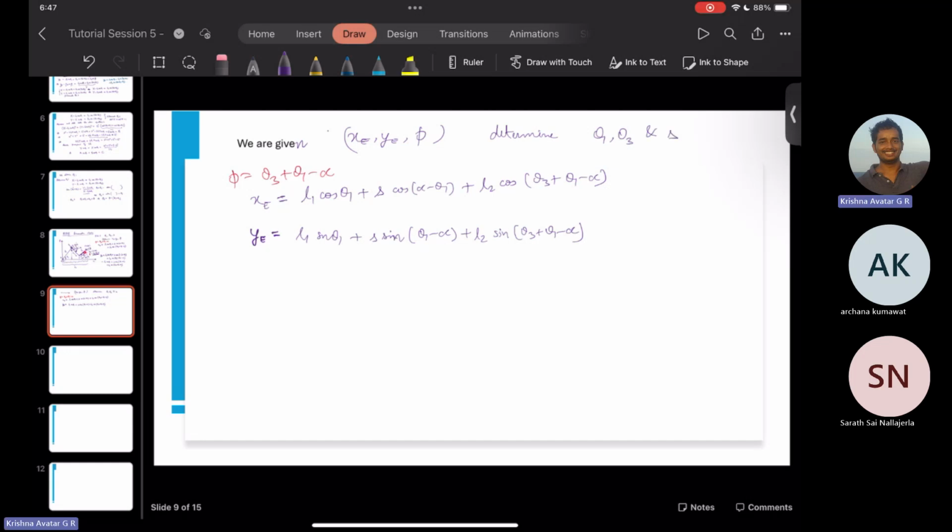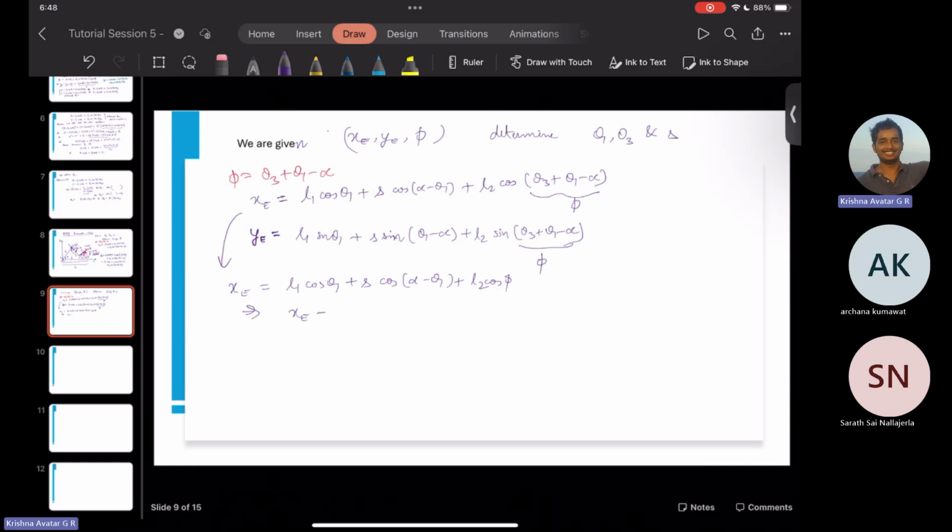Right? So again, since phi is equal to theta 3 plus theta 1 minus alpha, this is phi here. So we'll again use the same strategy. We'll rewrite XE is equal to L1 cosine theta 1 plus S cosine alpha minus theta 1 plus L2 cosine phi.